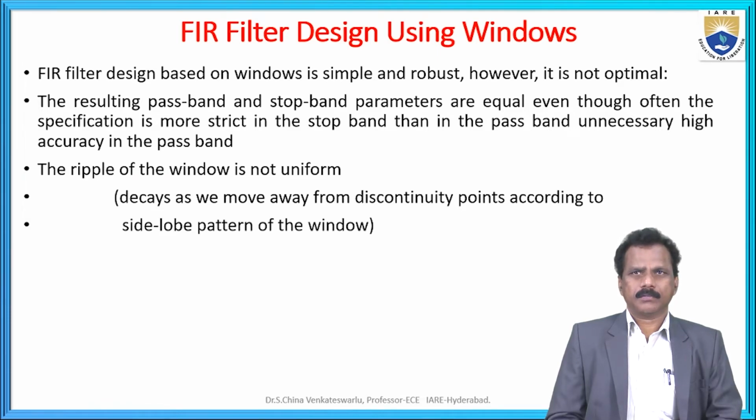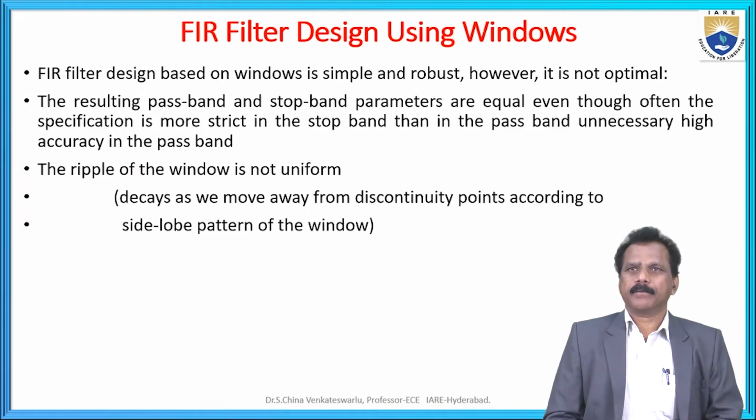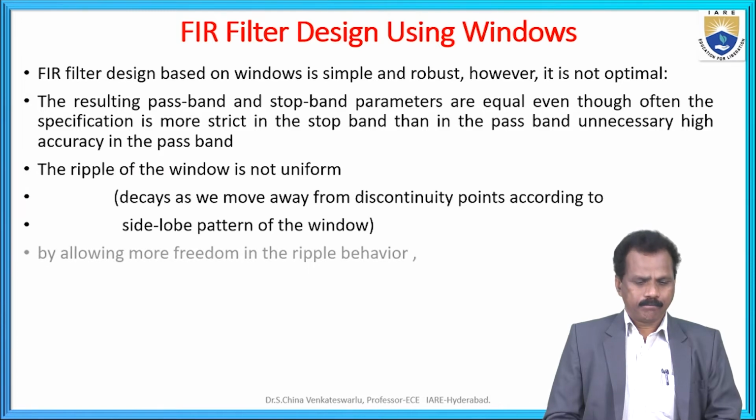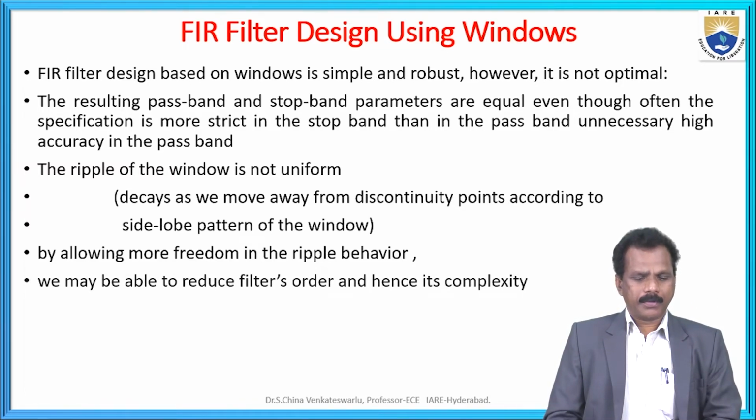Just now we have seen the omega, delta, and delta m values. By allowing more freedom in the ripple behavior, ripples may be either increasing or decreasing, so we may be able to reduce the filter order, hence its complexity. If it goes on increasing or decreasing, the user can evaluate.